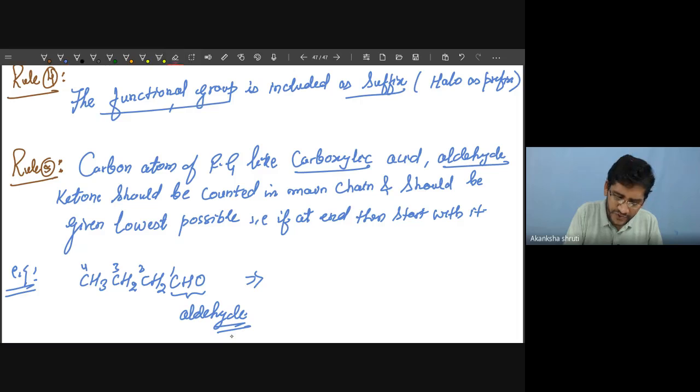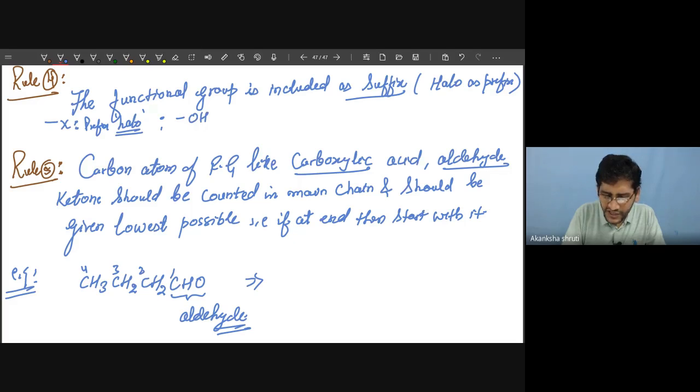Which one functional group should be written by which suffix? I had already told you, if X is there, then as the prefix halo we are using. It is one thing. All the other are mostly used as suffix.